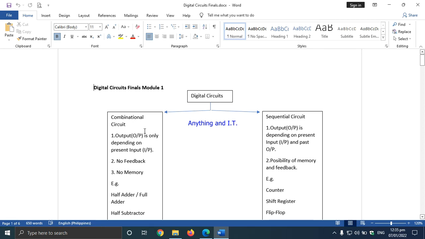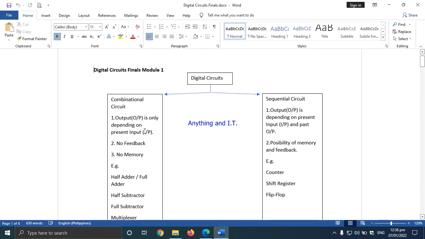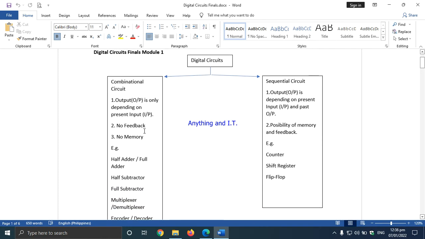For combinational circuit, as a summary, the output is only dependent on the present input. Ibig sabihin, kung ano yung input mo, it will determine what will be the output.